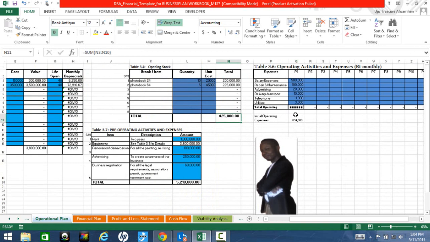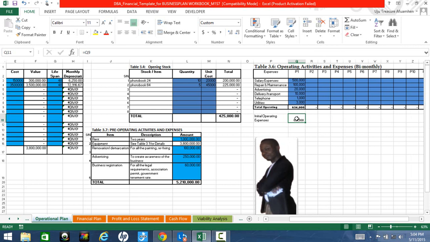This is Q, this is 11, Q11, and we got Q11 by, let me expand this cell. The value we have here came from the sum of this cell down to this very cell for the first 2 months. That's the month we're starting our operation. I hope that makes sense.